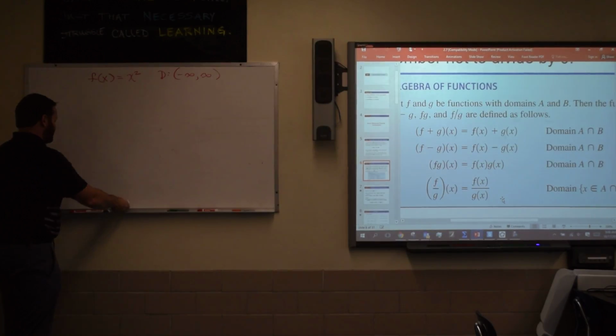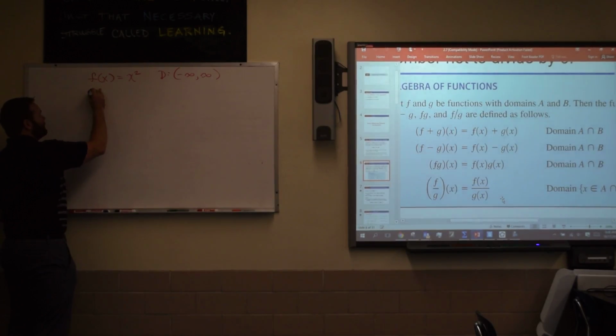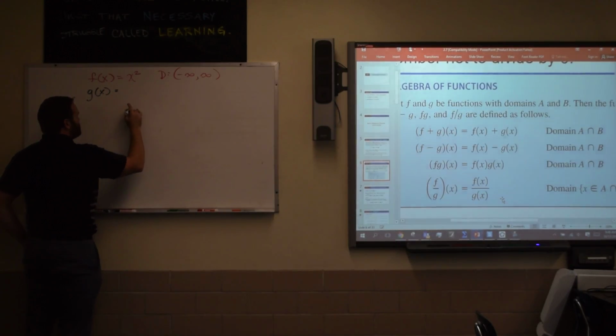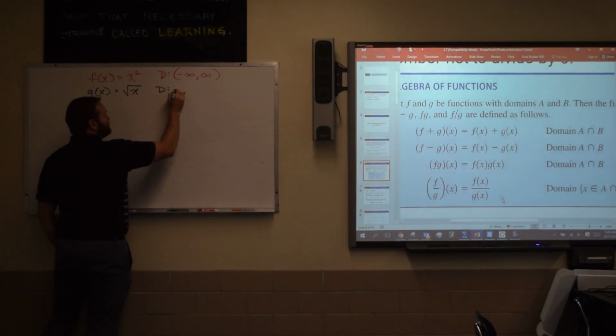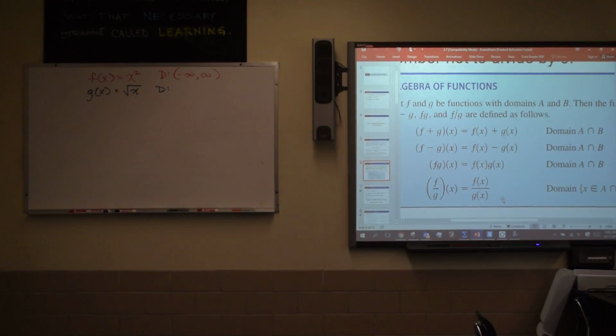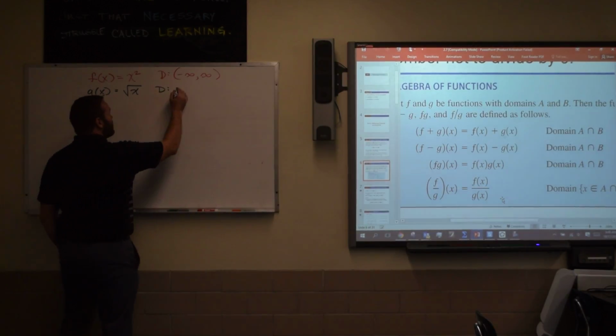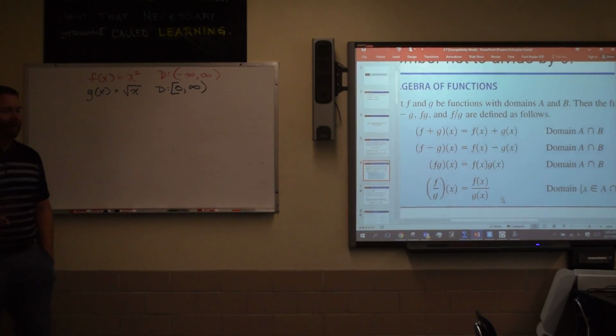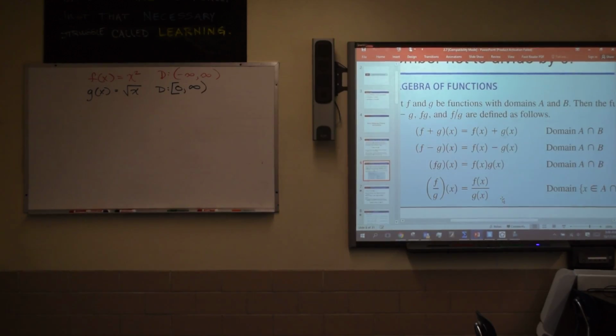And let's say g of x, let's do an easy one first, is the square root of x. What kind of numbers am I allowed to have underneath that radical? Non-negative numbers. That's a great way of putting it, because that means I can include 0, right? So that's my domain for that function.